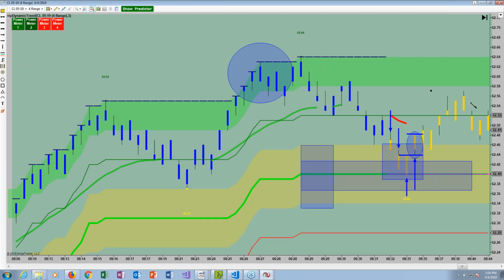Now looking back on it, was that proper trade entry? This oval right here. Is this oval proper trade entry, yes or no? Right here.